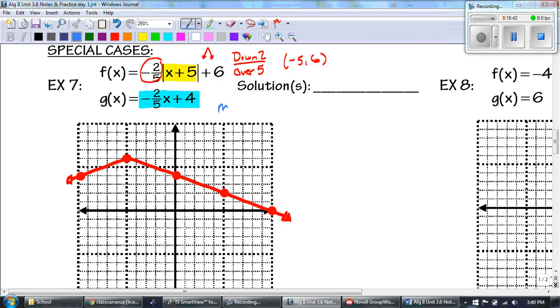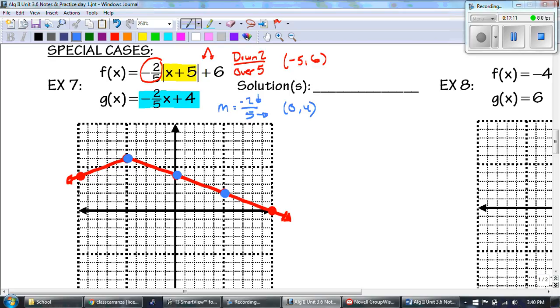So my slope is -2 over 5, which is telling me to go down 2 to the right 5, and my y-intercept is 0, 4. So at 0, 4, boom, I find out where they meet. But when I go down 2 over 5, I found another point. If I go up to left 5, I found another point.